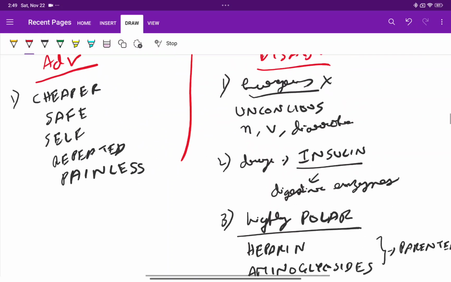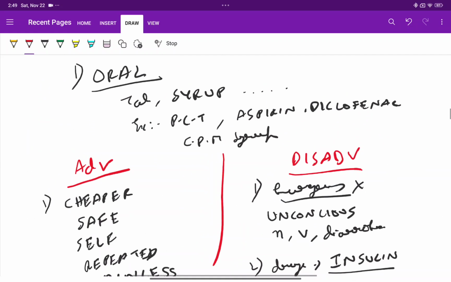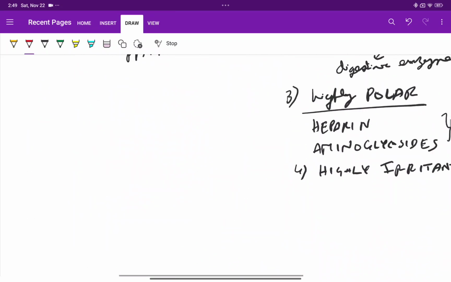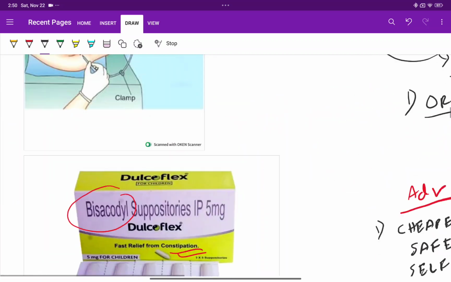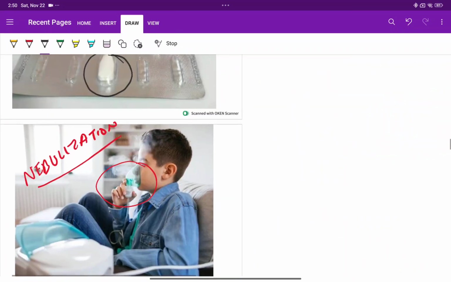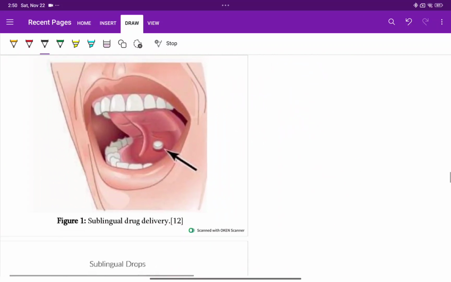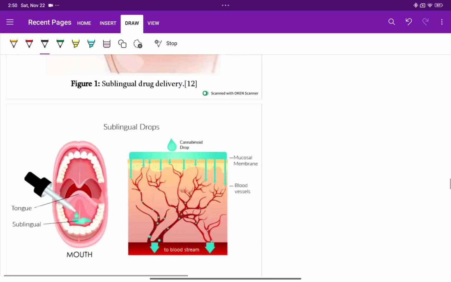Then, as we discussed the oral form, the next important one is the sublingual route of drug administration. Here the drug is placed below the tongue. I will show you a diagram.